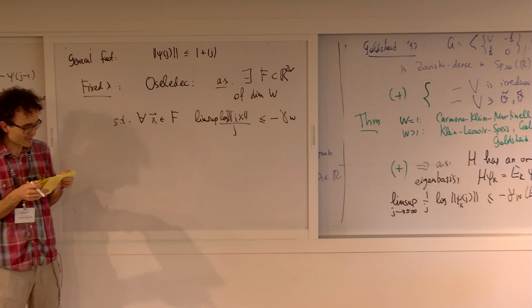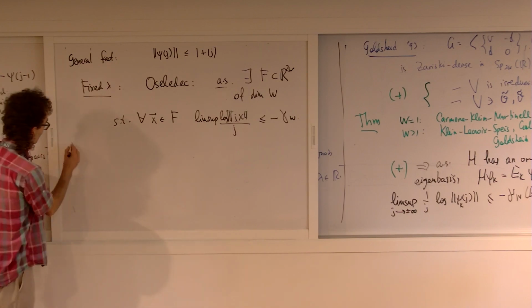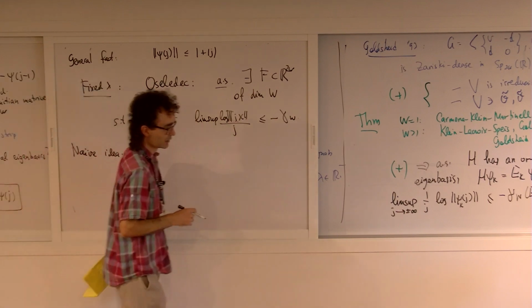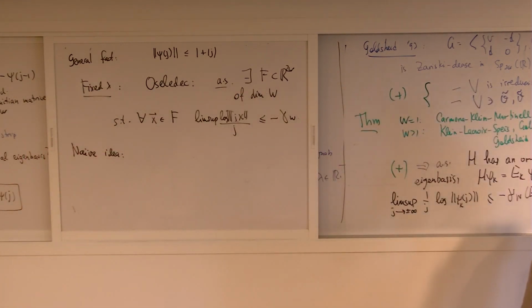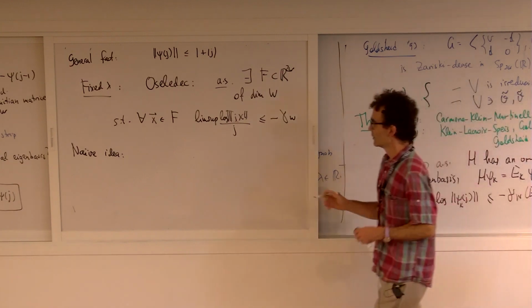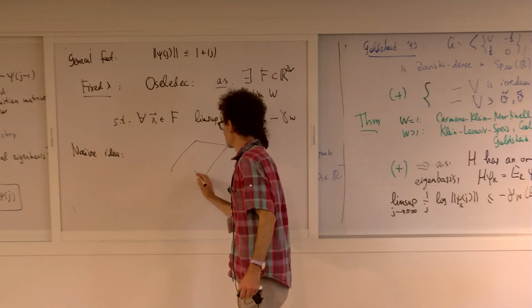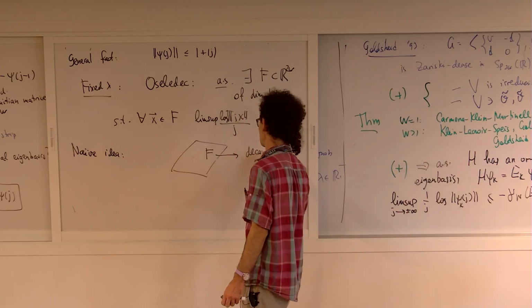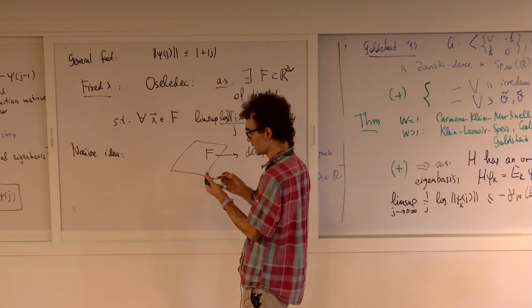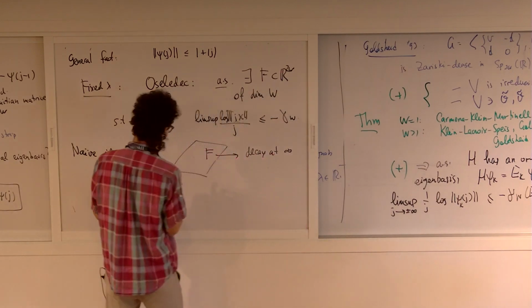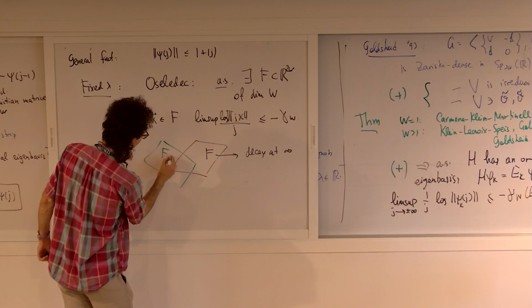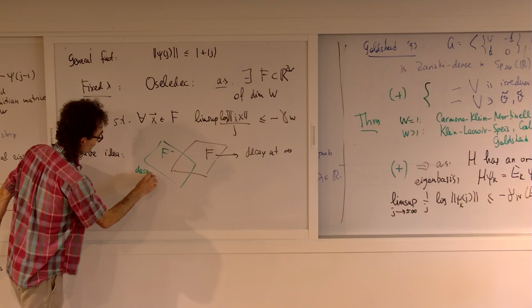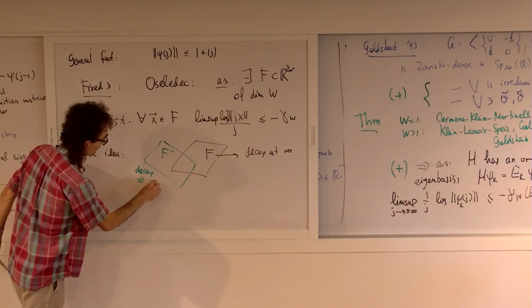So the naive idea of Anderson localization could be as follows, basically what I tried to sketch earlier in this talk. We have a W-dimensional space F plus of initial conditions which decay at plus infinity, and we have another W-dimensional space, let's call it F minus, of initial conditions for which we get decay at minus infinity.